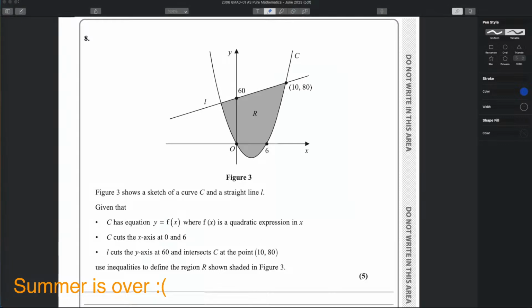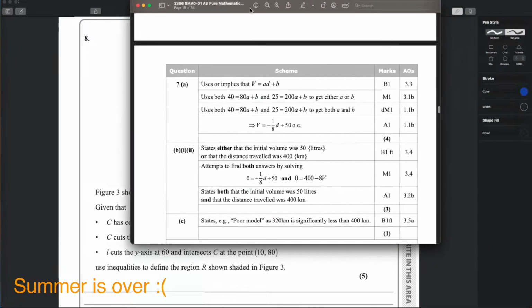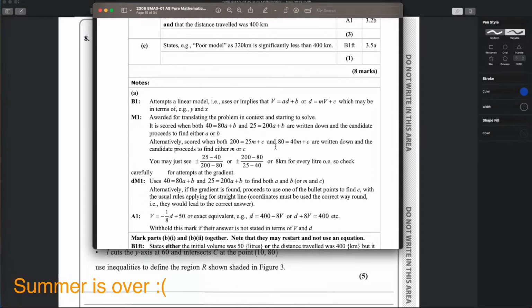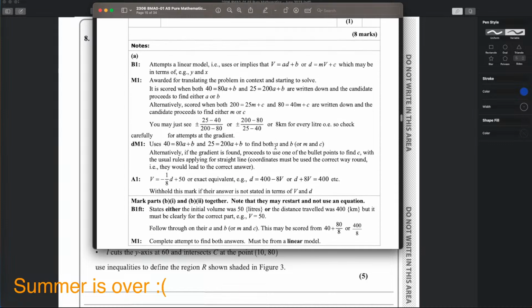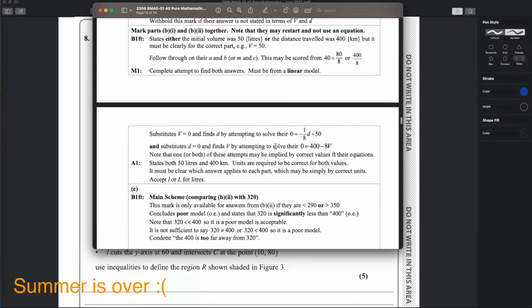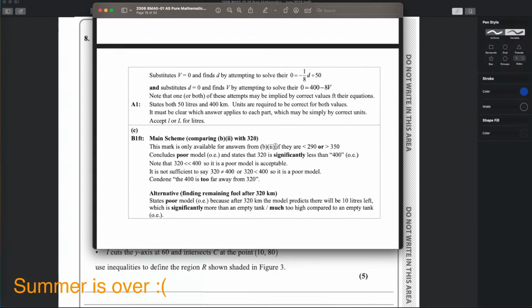Daniel, I'll show you the mark scheme. So they want you to make this point that it's a poor model.